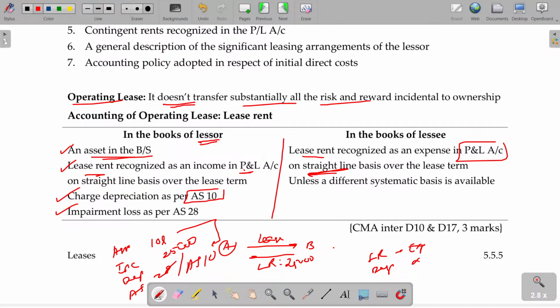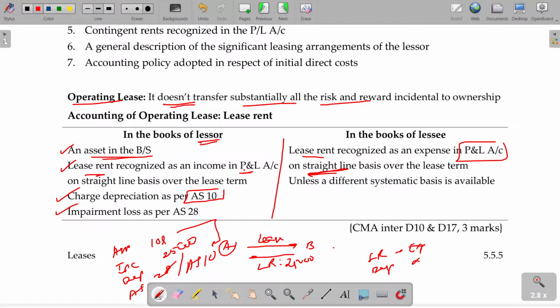So this is the asset for A. As the owner of the asset, you can claim the depreciation, you can claim revaluation profit or loss also, and any income generated from that asset can be credited to the P&L account. For B, he is only a user, and the lease rent he pays can be debited to the P&L account. In case of finance lease, that's different.